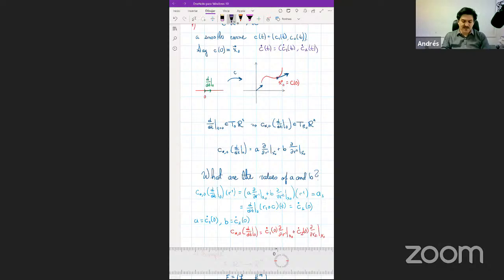So once you take t equals 0, you are here and you are here. So this is what you used to do before. And in this new language, it's exactly the same, but now written this way.